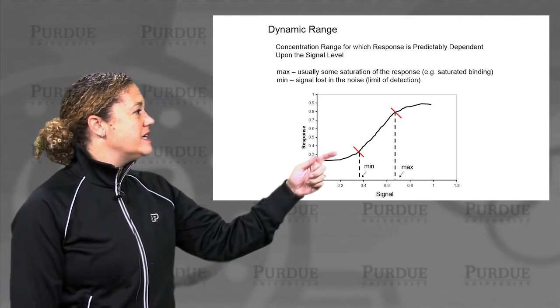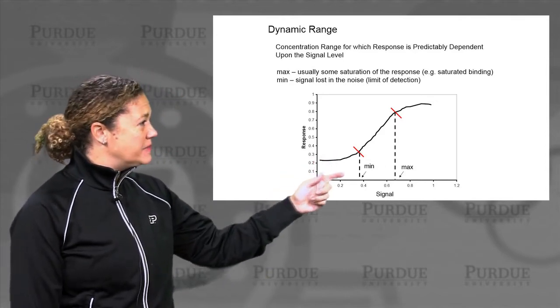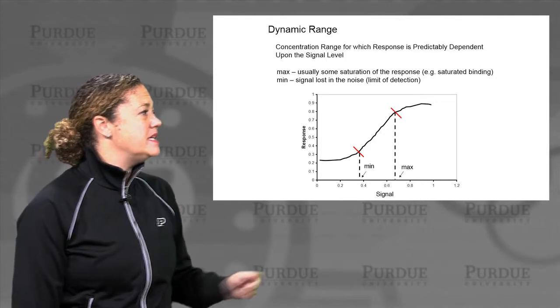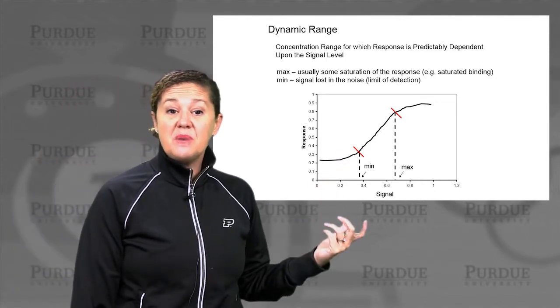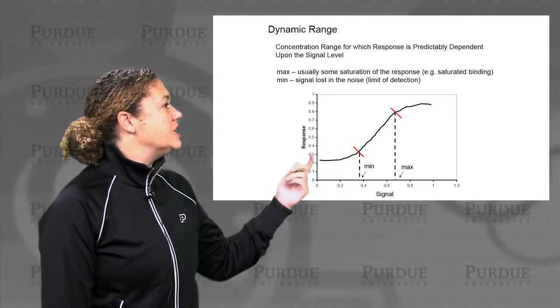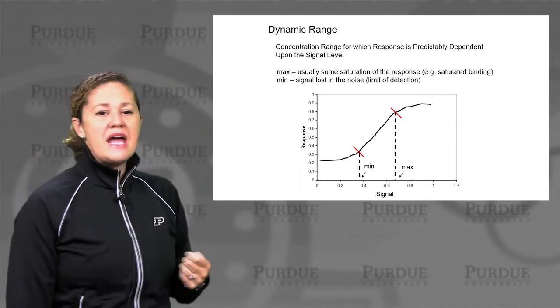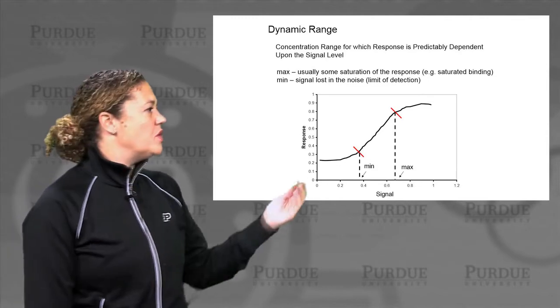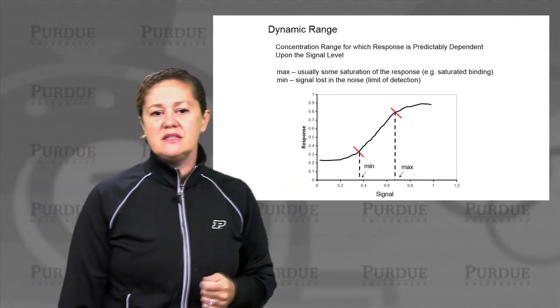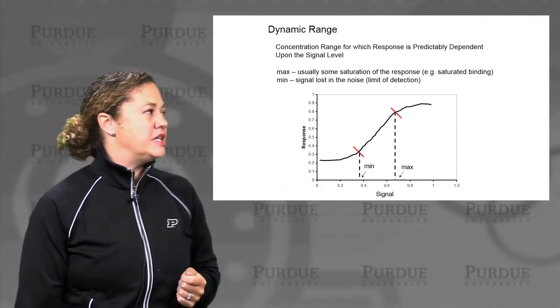And similarly, down in the minimum level, we usually are limited by our signal of our response getting lost in the noise. And this would be defined, every sensor has some limit of detection. What's the smallest size of signal that it can measure?